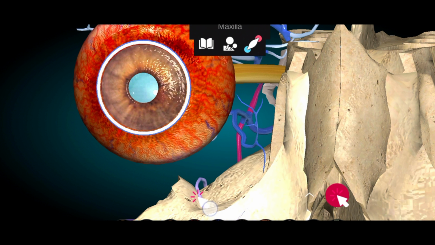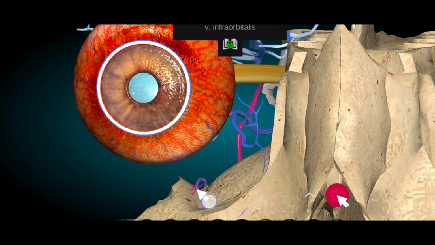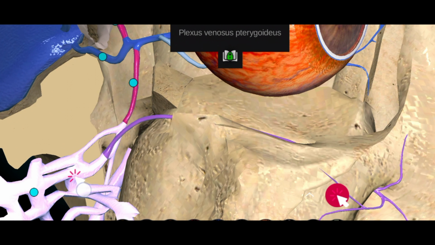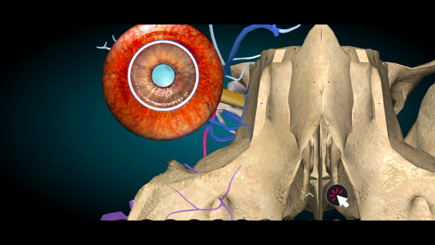Here you can see the infraorbital vein, which drains the inferior part of the orbit. It comes from the pterygoid plexus. So these were the major veins draining the blood from the eyeball.